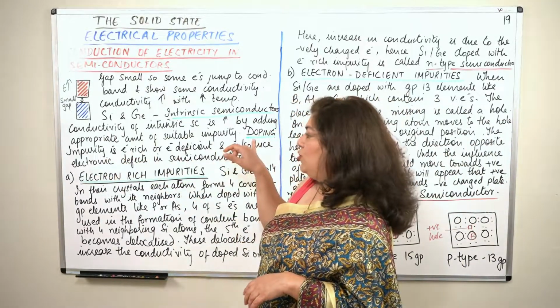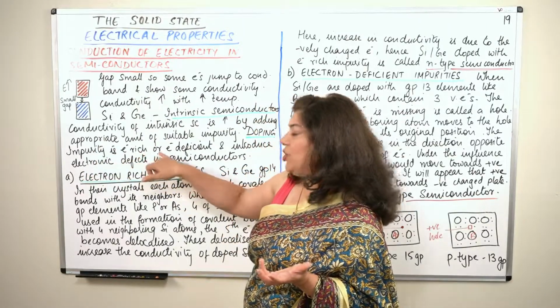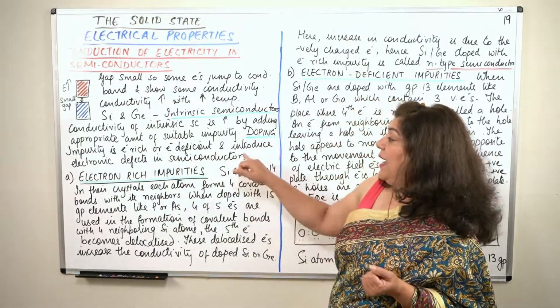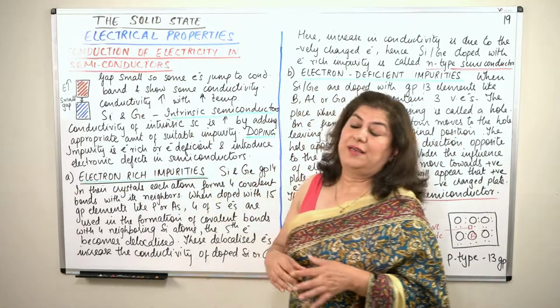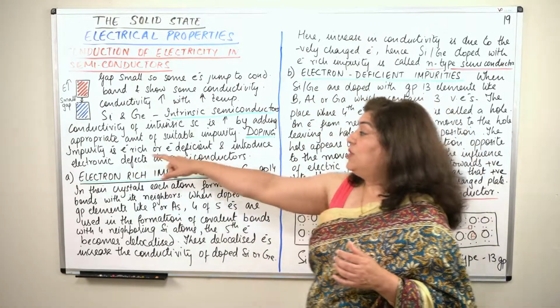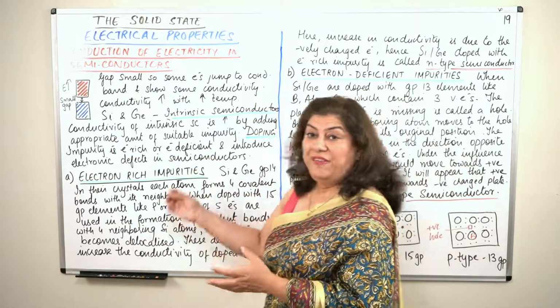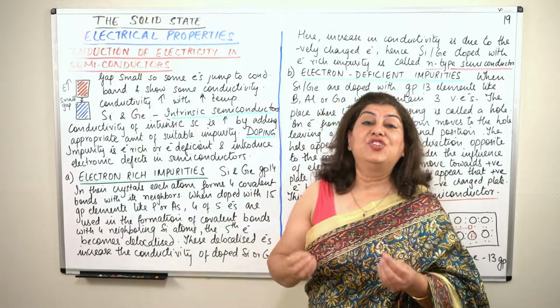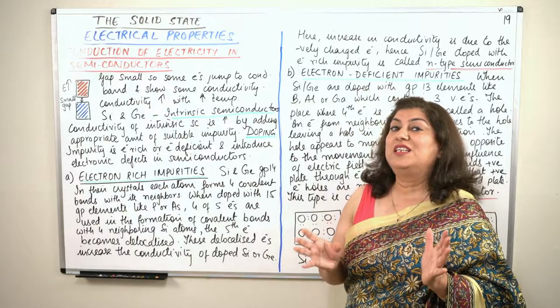Doping is nothing but adding an impurity which is electron rich or electron deficient, and it introduces electronic defects in semiconductors. Whatever impurity you are adding, it causes electronic defects. The number of electrons in the crystal changes.